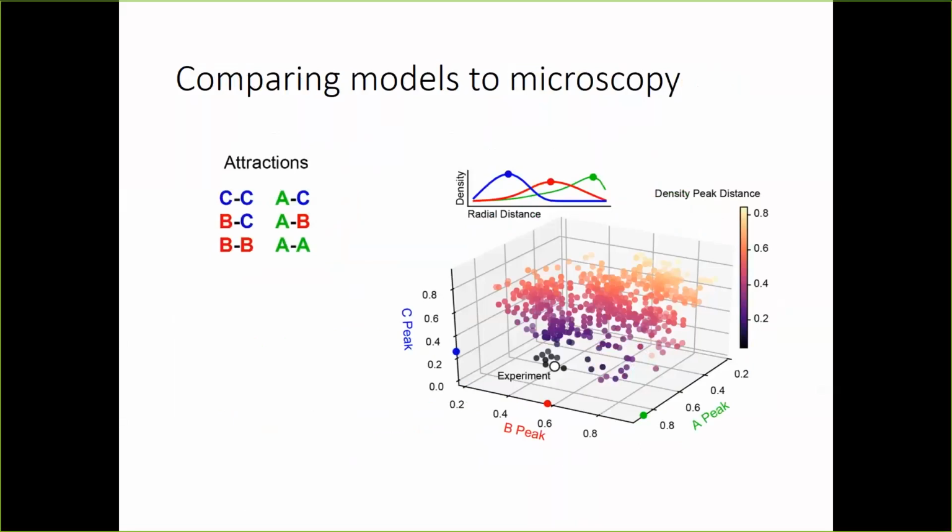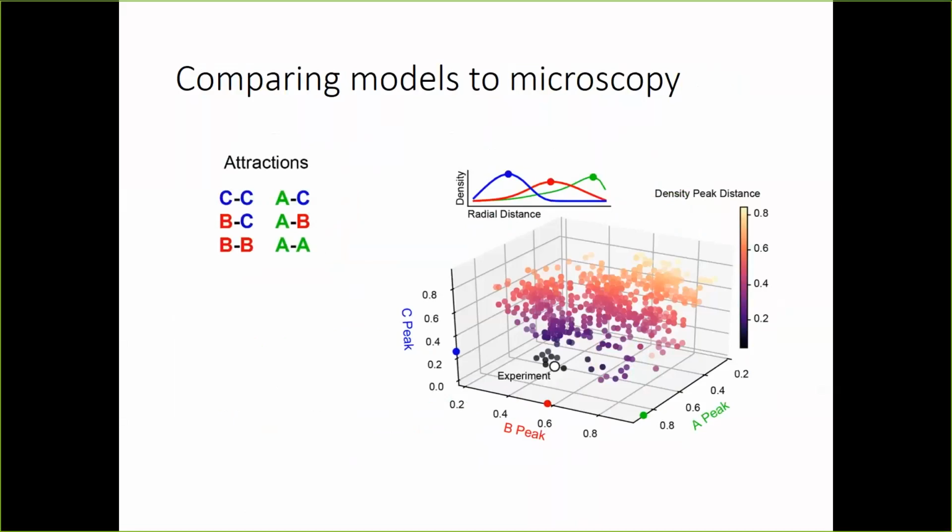Of course, with 6 attractions, you have a 6-dimensional space that you need to explore, which is kind of large to run any thorough molecular dynamics in. So the first thing that we wanted to do to understand this general framework was to see if we could cut down on the parameter space that we would have to explore.